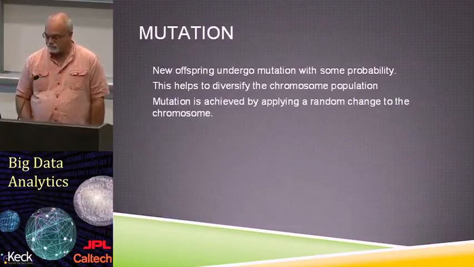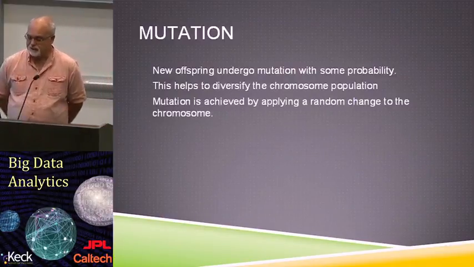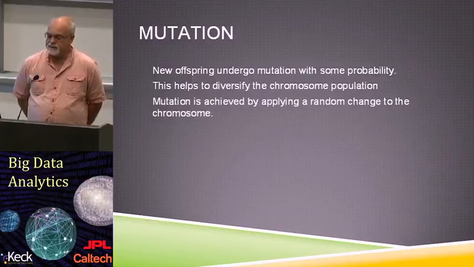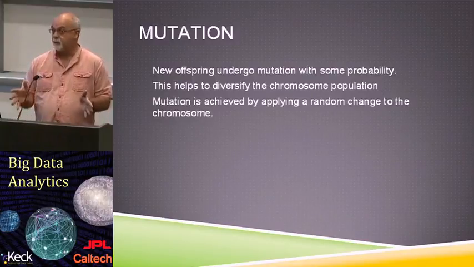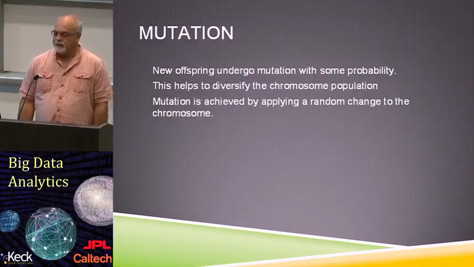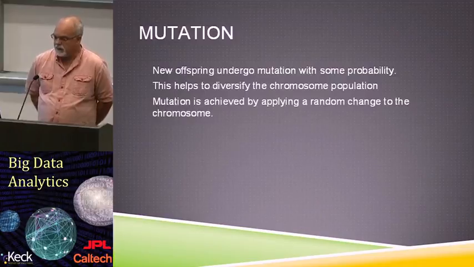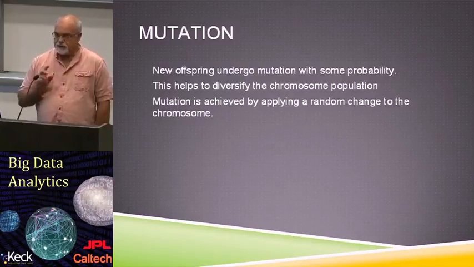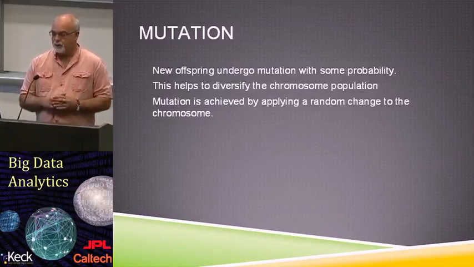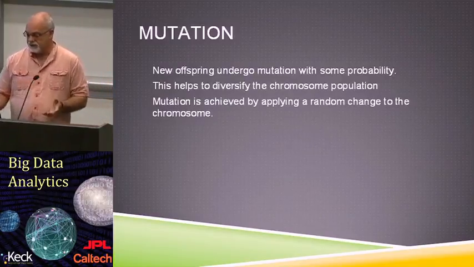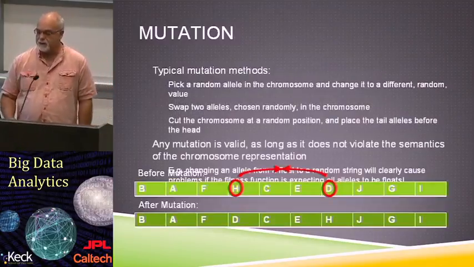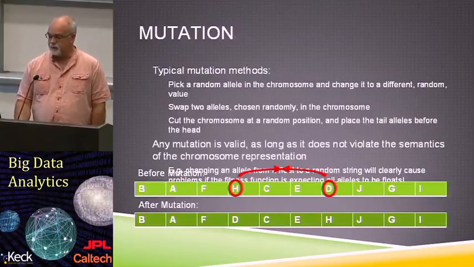Now we'll look at mutation. This is a process where, once we've got the offspring, we decide whether or not they're going to survive as they came out of the womb, if you like, or if they're going to undergo some sort of genetic mutation. There's some probability associated with that, as we said before. The idea of a mutation is that it helps to diversify the population, and it's achieved just by making some sort of random change to the chromosome. Here's a typical set of methods that you might use.